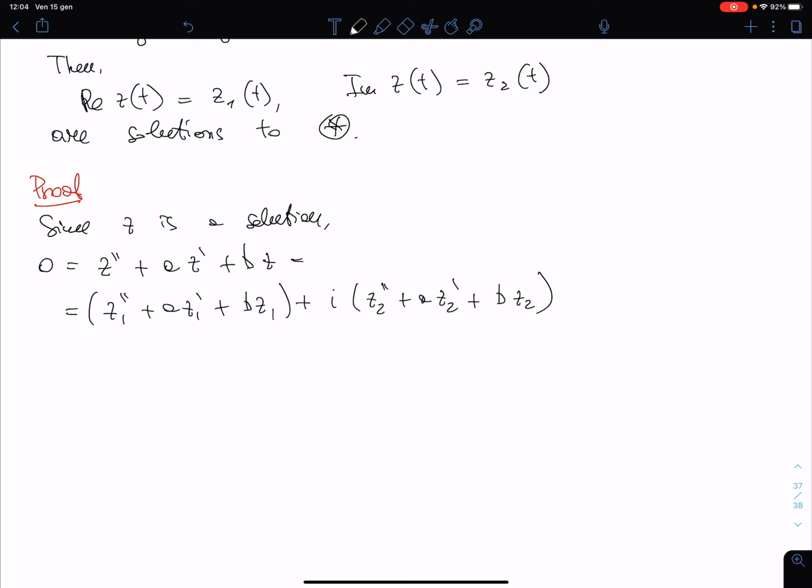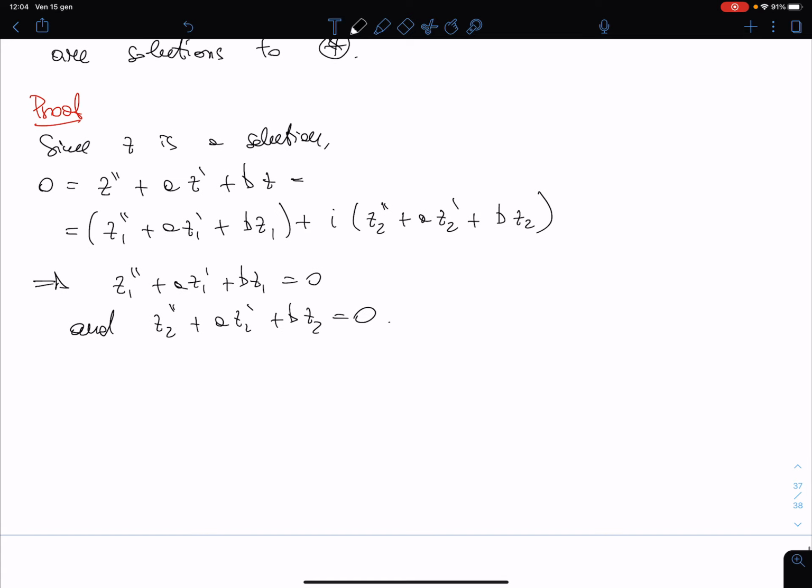So remember that two complex numbers are the same if and only if their real and imaginary parts are the same. So we conclude that z1 second plus a z1 prime plus b z1 is equal to 0, and z2 second plus a z2 prime plus b z2 is equal to 0. Okay, this is the proof.